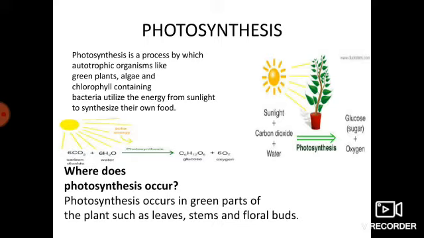Then you have to balance the reaction. The balanced reaction will be 6CO2 plus 6H2O gives C6H12O6 plus 6O2 evolved. Photosynthesis occurs in green parts of the plant such as leaves, stems and floral buds.